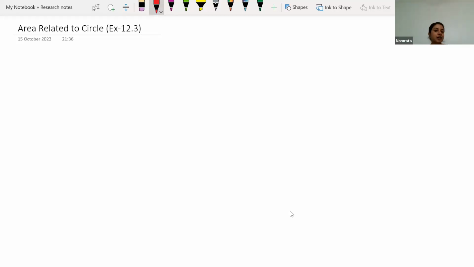We have to identify those figures. Formulas we already know for each figure, rectangle, square, triangle, circle. Whenever we have 2 or 3 shapes mixed together, we just have to identify the shapes, apply the proper formula, and find the area of the shaded region. That's it.